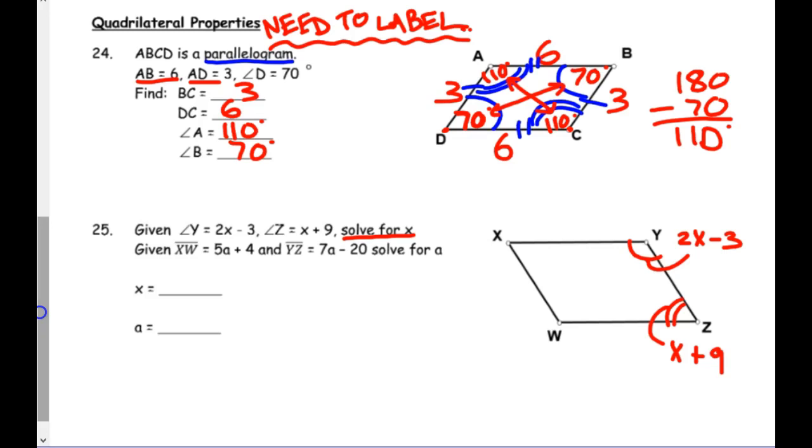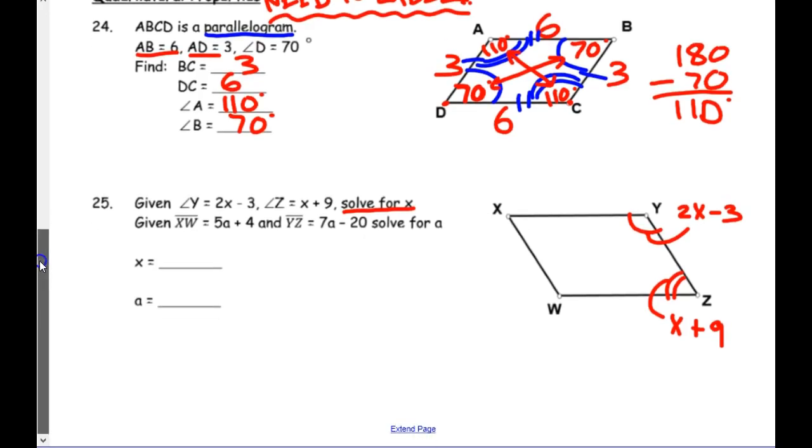The question is, are those two angles equal, congruent, and equal in their measurement, or are they supplementary? Since these are consecutive, since y is obtuse and z is acute, since they do not match in this situation, since we know it's a parallelogram, they are supplementary. So don't set them equal, add them up to 180.